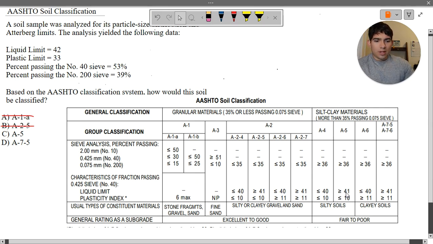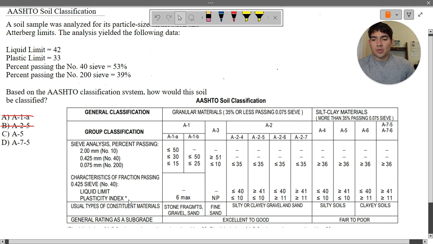So looking at A5 and A7-5, which are our two remaining choices, we have a liquid limit for those being greater than or equal to 41. So as you can see, it could be either one of those at this point because our liquid limit is 42, and 42 is in line with both of these parameters here, greater than or equal to 41.